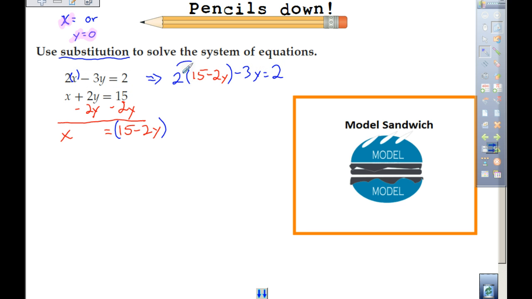Alright, we can solve this. What's that? 30 minus 4y minus 3y equals 2. Okay. 30 minus 7y equals 2.